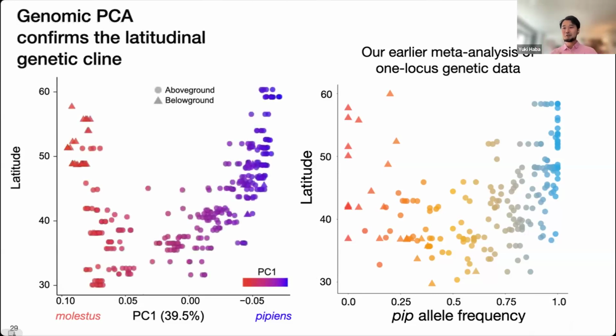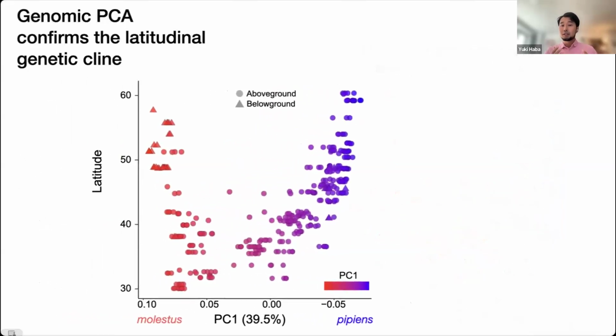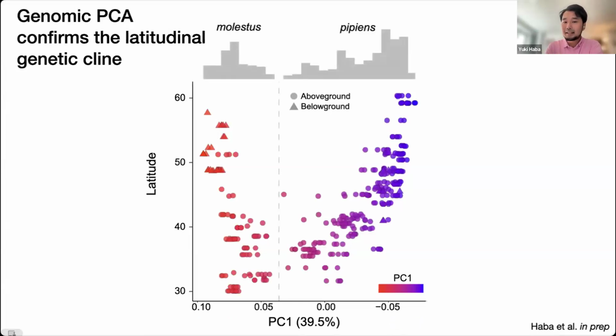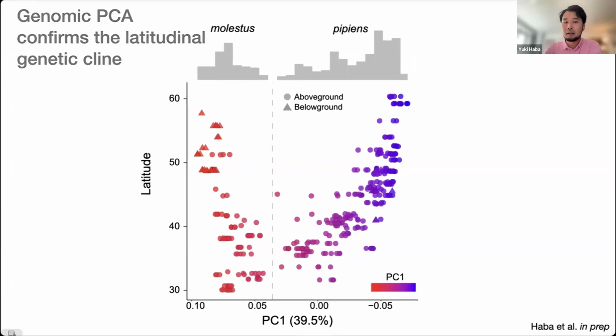Ta-da! Our individual genomic data confirms the exact pattern we saw earlier. We were super excited to confirm the major pattern, but on top of that, the individual genomic data also revealed something that we couldn't find in our previous analysis, which is that PPNs and molestus remained genetically distinct even at the southernmost latitudes.